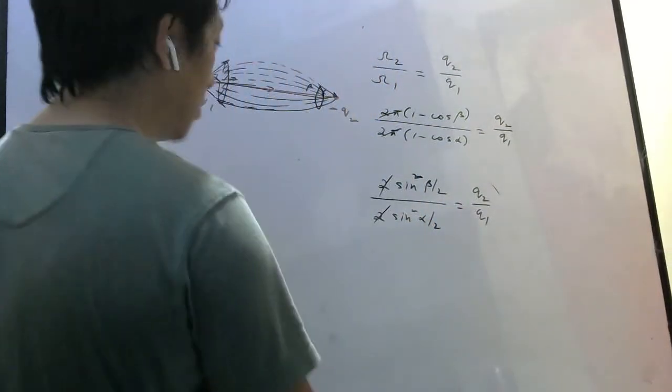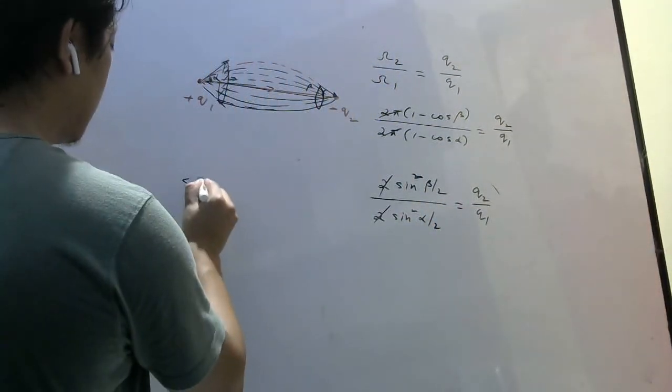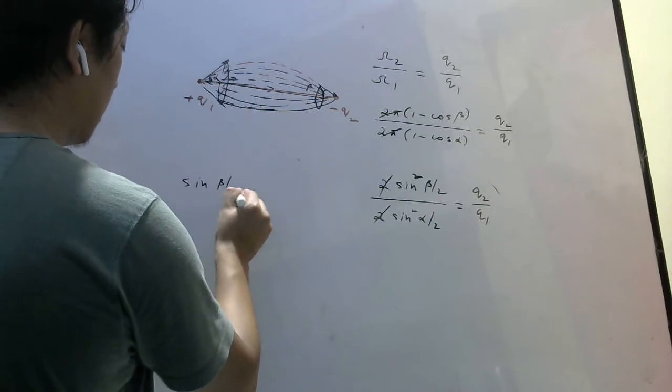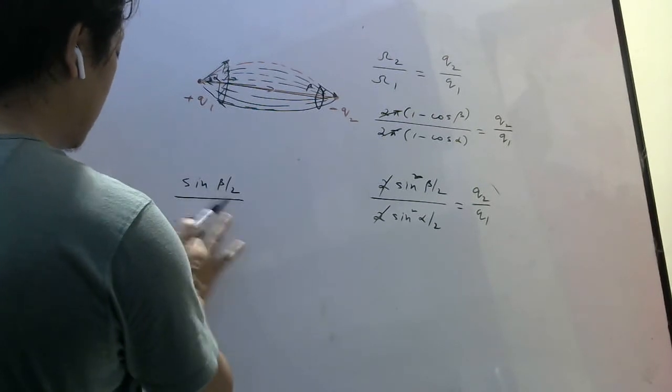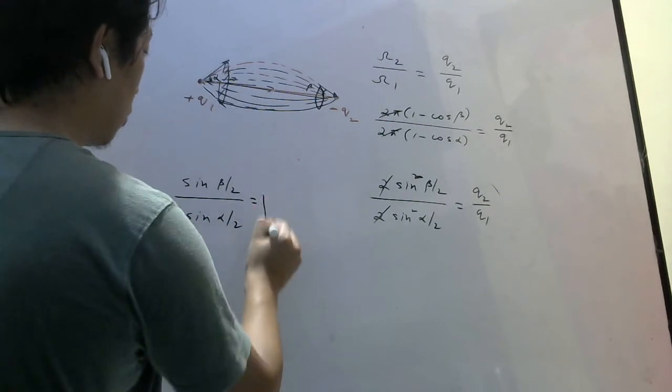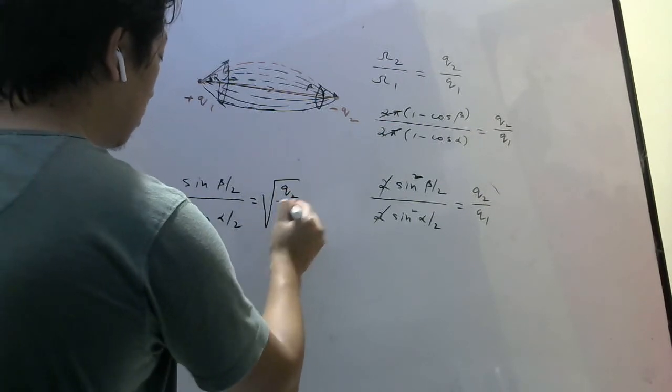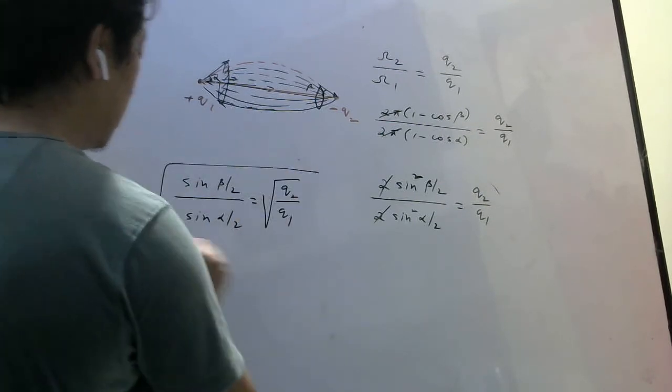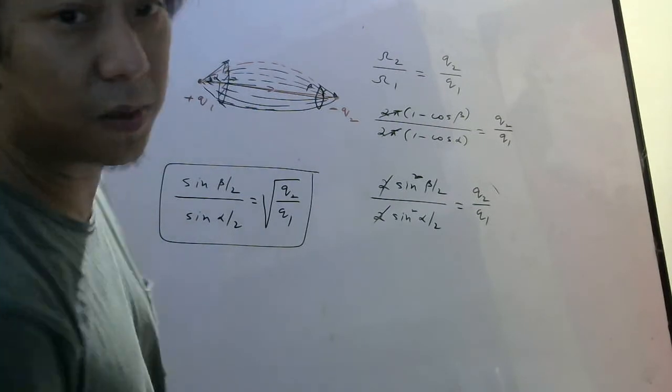And 2 also cancels. So finally sine beta by 2 divided by sine alpha by 2 will be equal to the square root of Q2 by Q1. So this is the relation between alpha and beta.